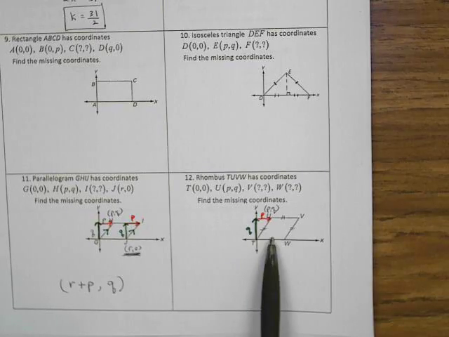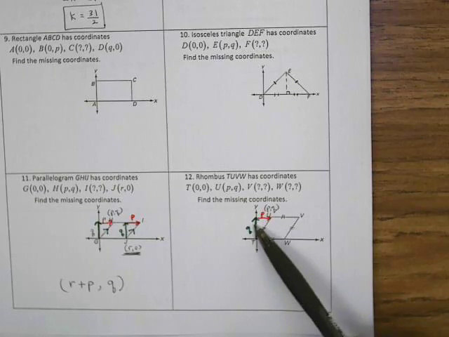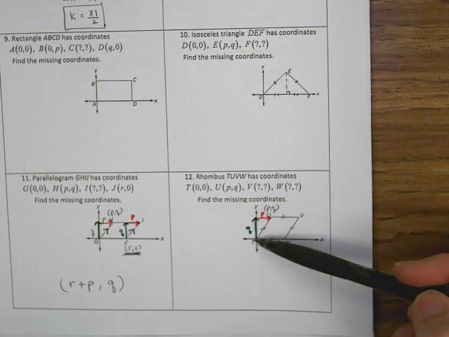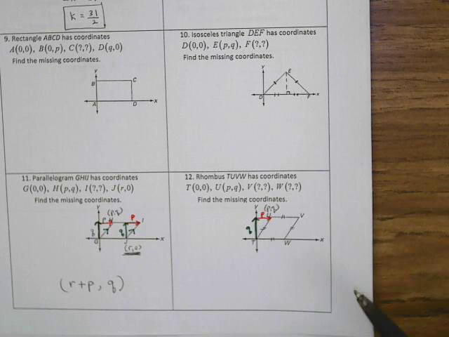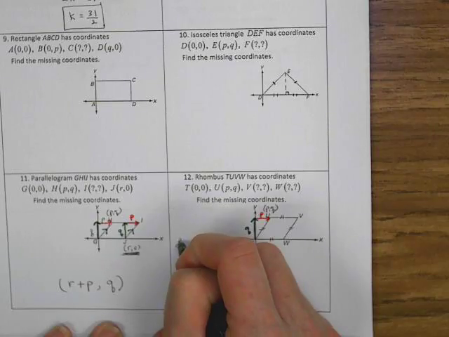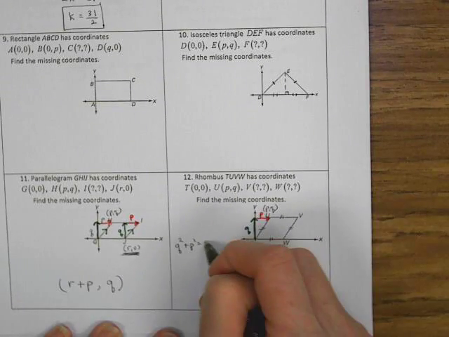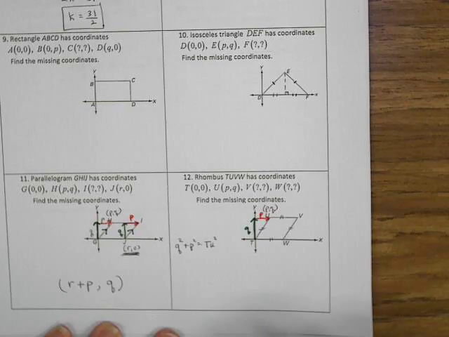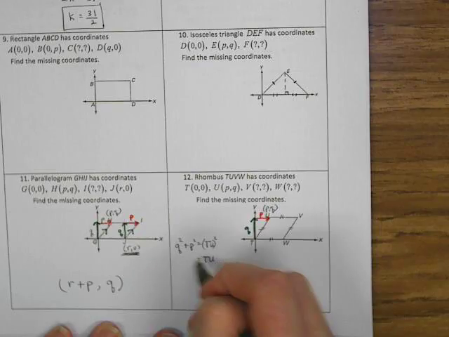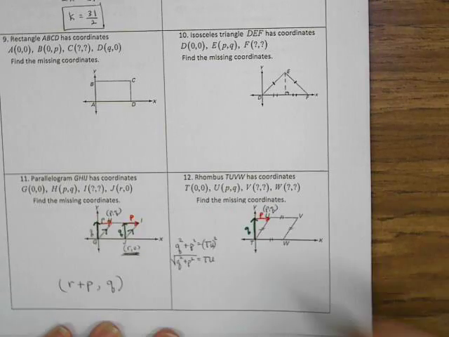Well, the trick is all these sides are congruent. If you look at the lines I drew in right here, hopefully you see we have a right triangle where this distance is Q and this distance is P. So I could say, using the Pythagorean theorem, that Q squared plus P squared has to equal this segment TU squared, which means TU, that distance, would be the square root of Q squared plus P squared.